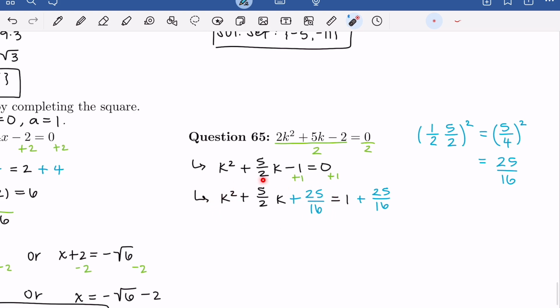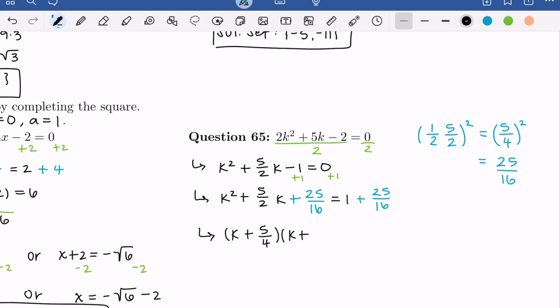Whenever we're going to factor something of this form, where this last term is half of b squared, we're going to end up with a binomial of this form here. It's going to be our variable plus half of b, which is 5 over 4, squared.